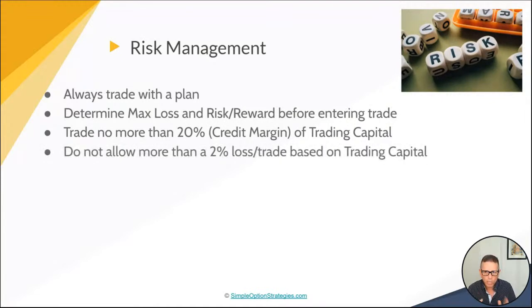But if you stick to your trade plan, right, and you're disciplined on there, you will not have a problem. Right? Do not allow more than 2% loss based on trade capital. Okay, so for example, if you have a $10,000 account, right, that's capitalized at $10,000, your loss should be no greater than $200.